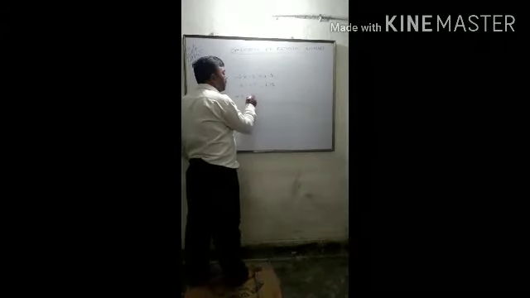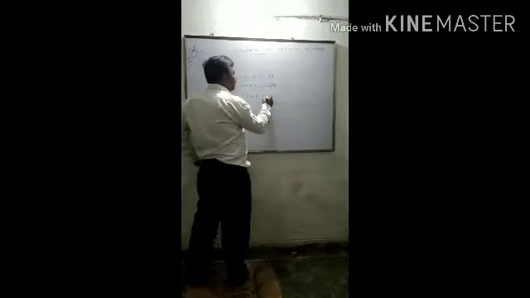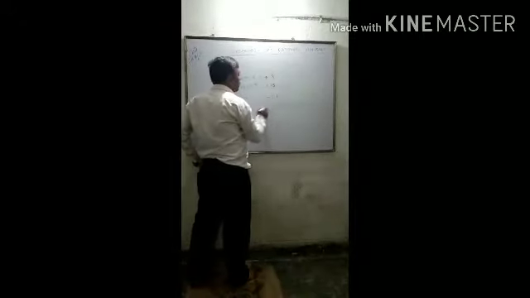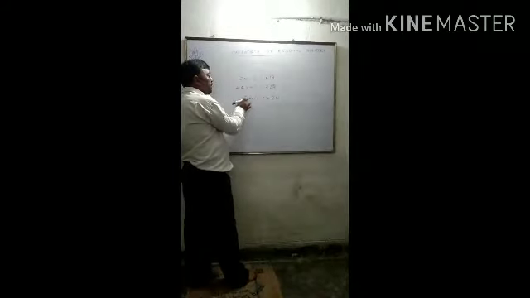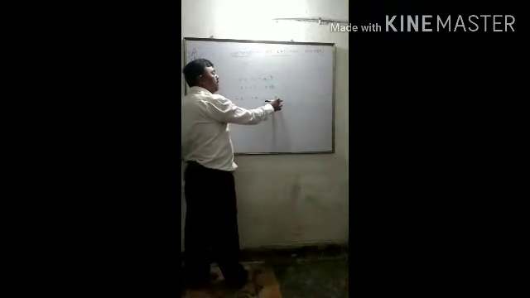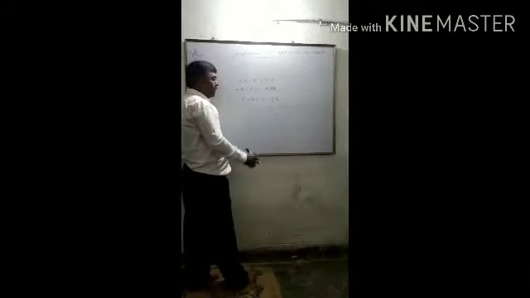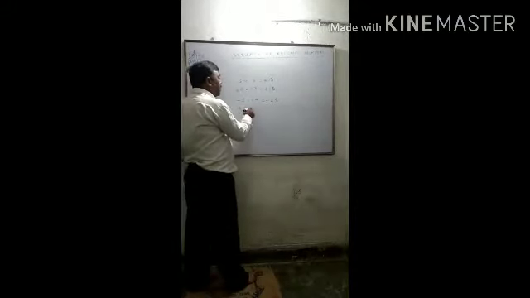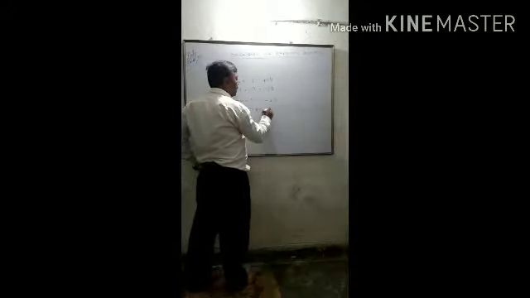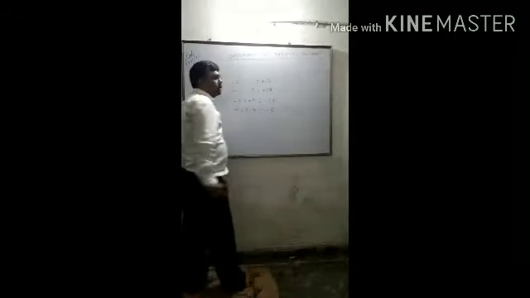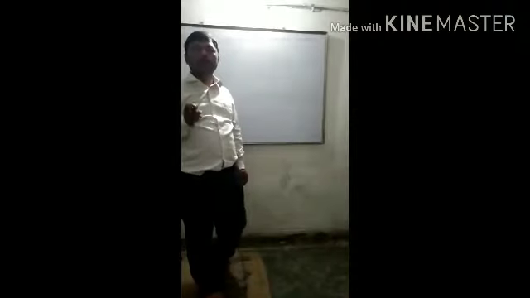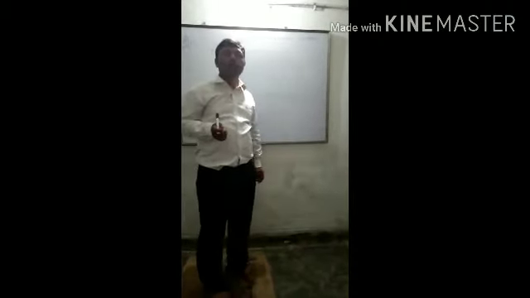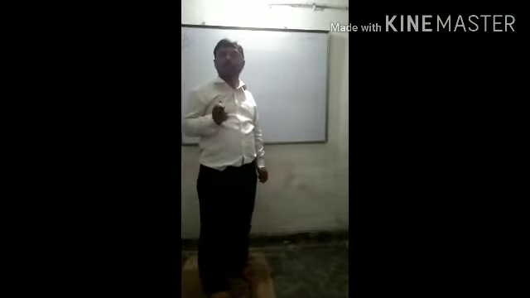Minus 6 into plus 4 will result in minus 24. 6 times 4 is 24, and here the signs are minus and plus, so the result will have a minus or negative sign. And plus 2 into minus 4 will result as minus 8. We can take these as examples. We have concluded the sign of the product result.